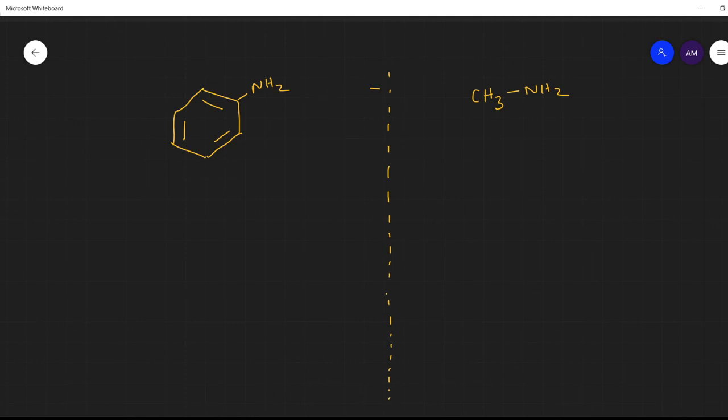So here there is a process called diazotization, or formation of a diazonium salt, that takes place in the presence of NaNO2 and HCl. NaNO2 and HCl will give you HNO2, and NaCl will be liberated. This is nitrous acid.